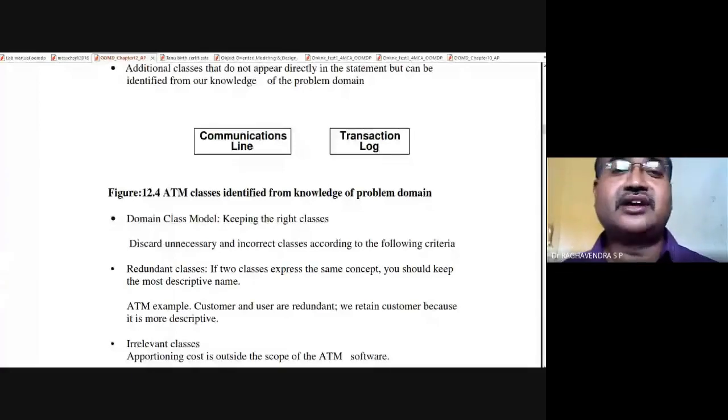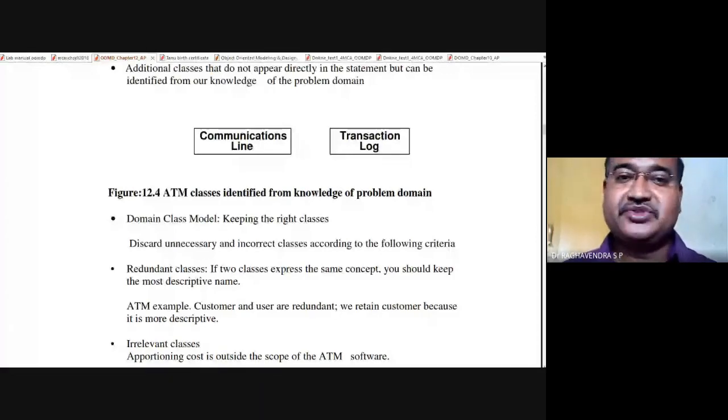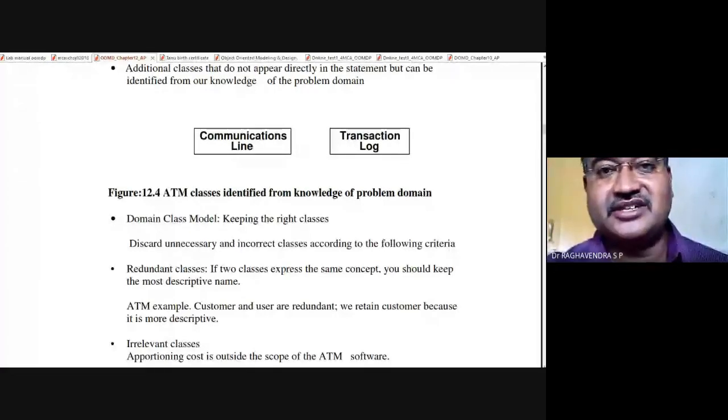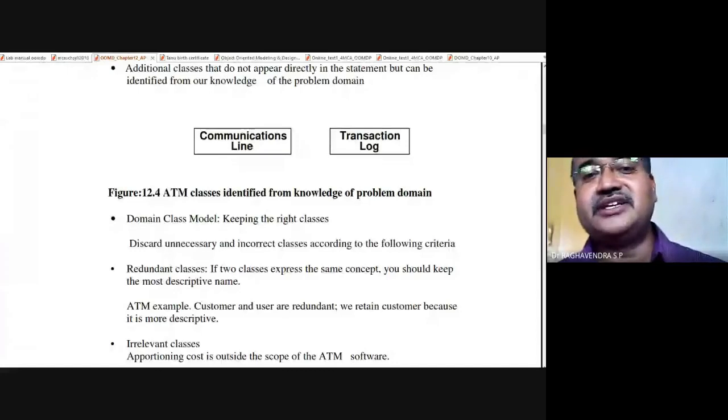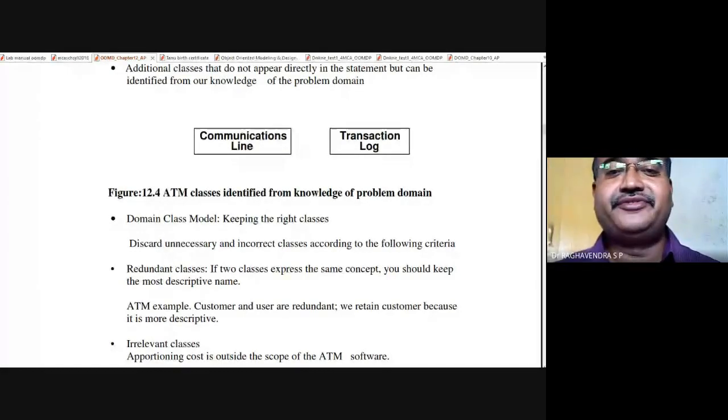Here also we may have duplicate classes, meaning two classes with the same meaning. For example, yesterday we discussed user and customer. Both of these represent the same thing, so these are called redundant classes. If two classes express the same concept, we should keep any one of them and eliminate the other one.